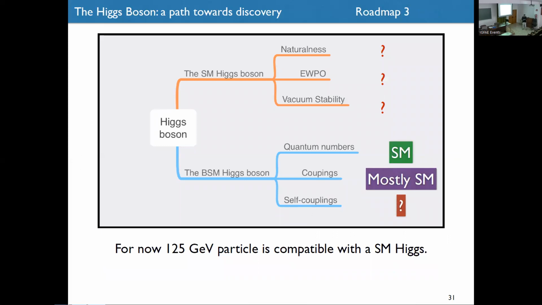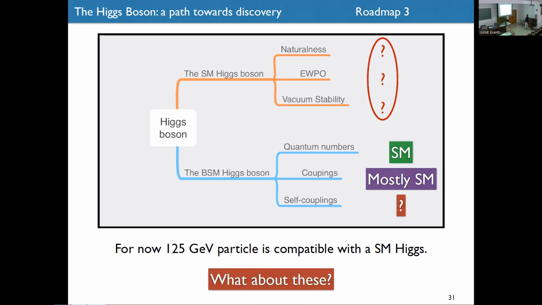So we go back to our roadmap, and now we have this BSM Higgs, let's say that it's mostly compatible with the standard model Higgs. For now, we really don't have anything that tells us that it's not. But we have a lot of studies to do because, again, we don't have all the couplings, we don't have the self-couplings at all. So there is still room. For now, it's compatible, there's still room.